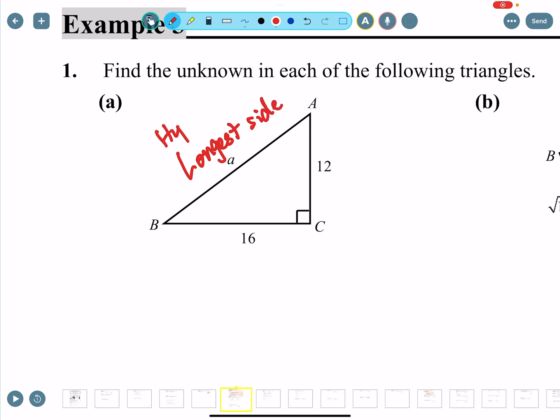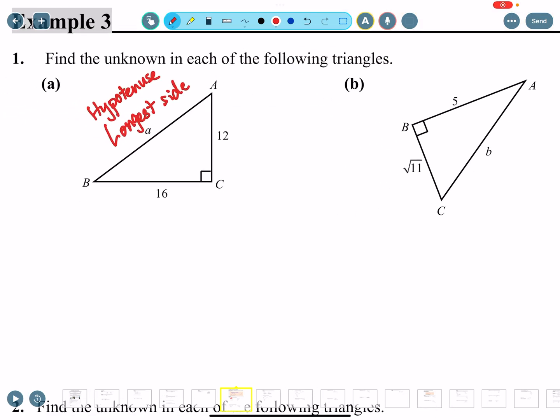It's called hypotenuse. You did learn hypotenuse before, for the side angle side, that song, I think.